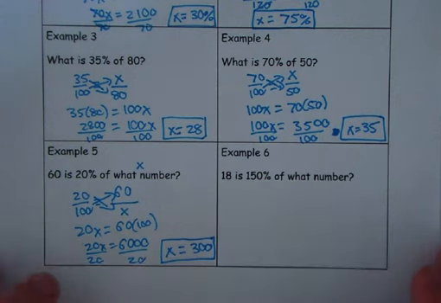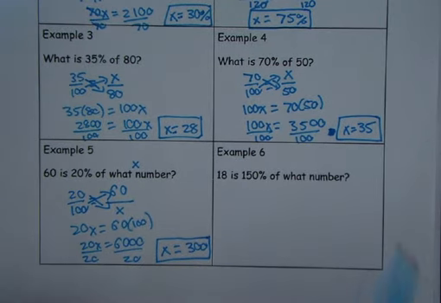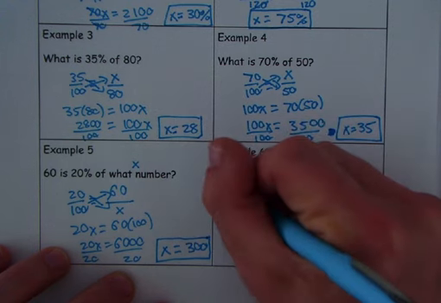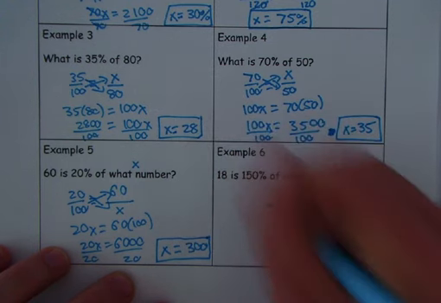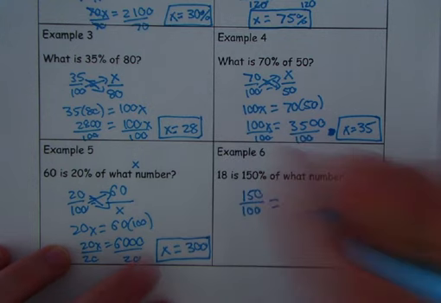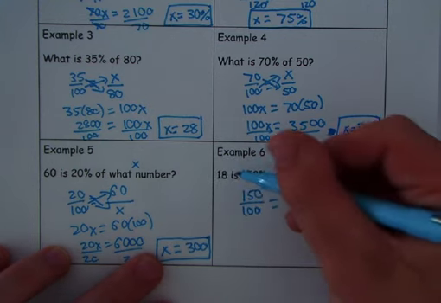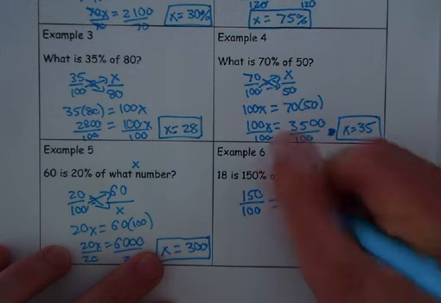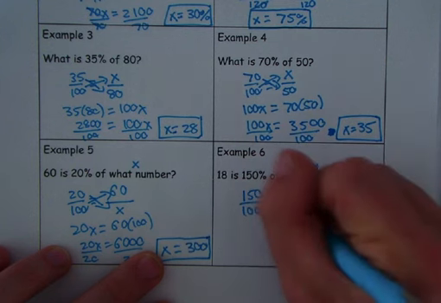Okay. And then finally, example 6, 18 is 150% of what number? So 18 is 150%. Just because the percent is above 100 doesn't change it. We still have 150% or 150 per 100 equals 18 is of what number? So it's of x. So x is on the bottom, 18 on top. Cross multiply.